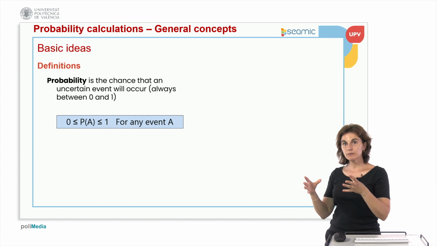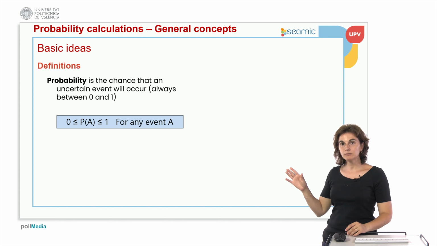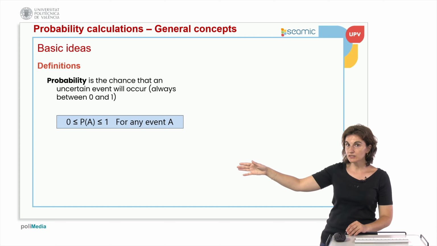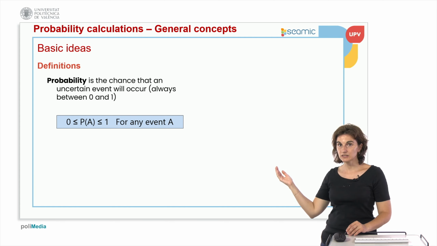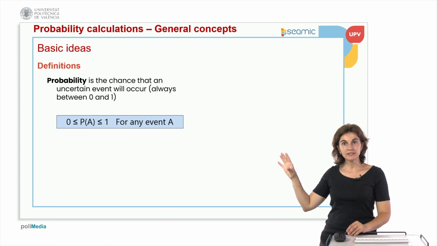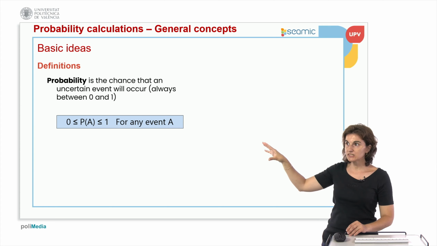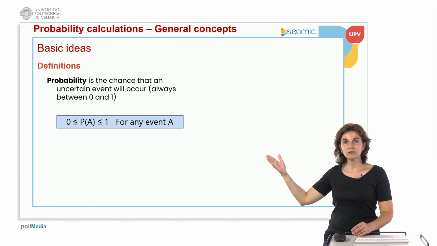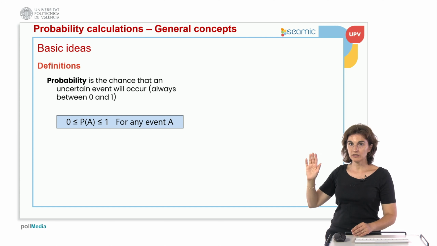So this probability is a number that is included in the interval 0 and 1. 0 for impossible events and 1 for sure events. No value of probability should be outside of this interval. So for any event A that we can define, its value of probability should be included between 0 and 1, both included.